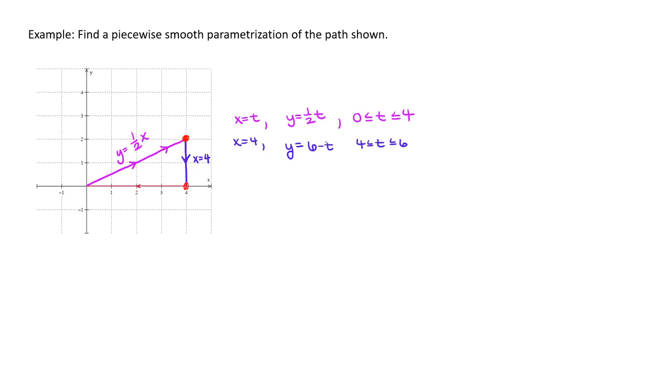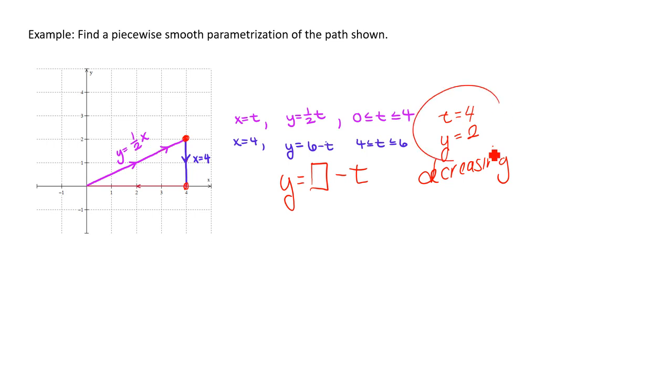Again, the reason I chose this: I wanted t equals 4 to correspond with a y value of 2. And I also noticed that the y values were decreasing. The y values were going down as t's were going up. So I decided to write my equation as y equals something minus t, so that as the t's went up, the y values went down.